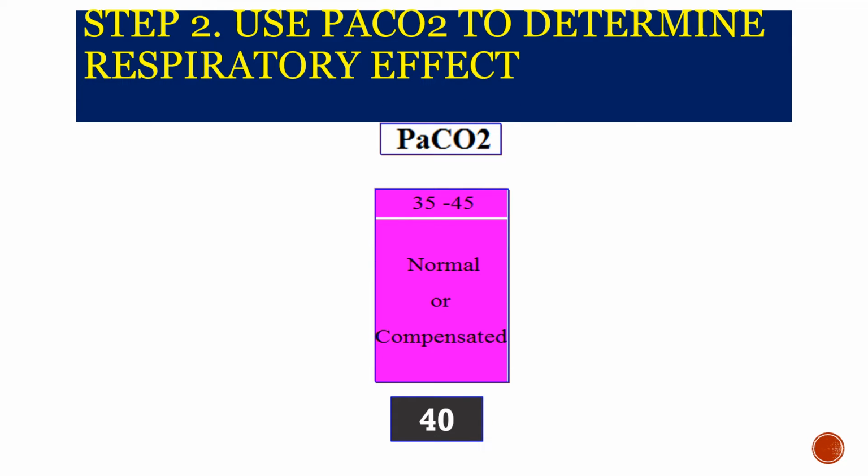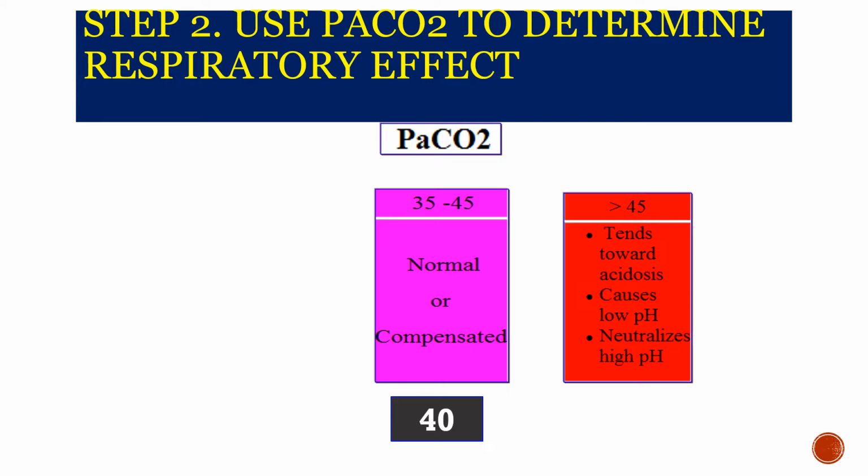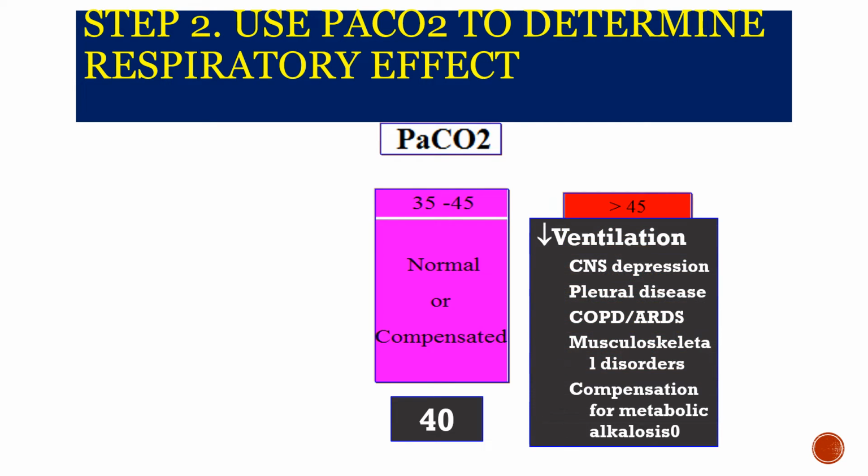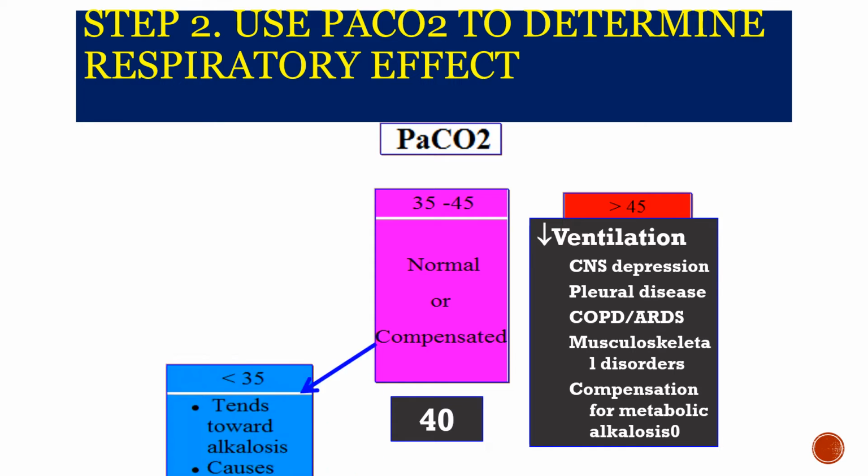The second step is to look for CO2 concentration. The normal is 35 to 45 millimeters of mercury. If it is elevated, this tends towards acidosis. And these are the causes of increased CO2 concentration, which is decreased ventilation due to CNS depression, pleural disease, COPD, acute respiratory distress syndrome, musculoskeletal disorders, or compensation from metabolic alkalosis.